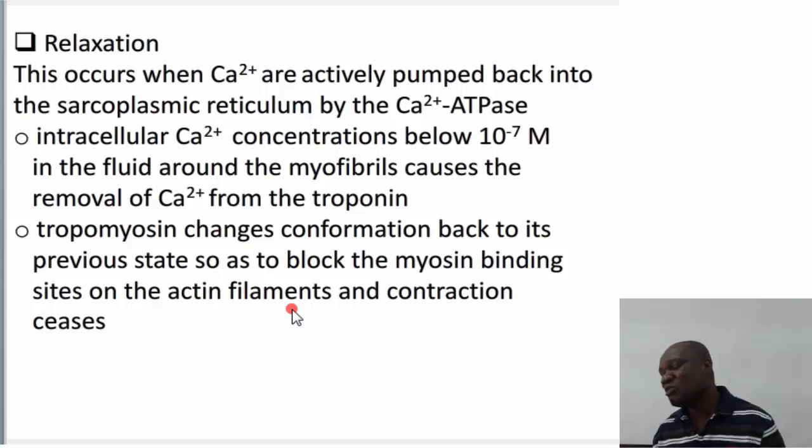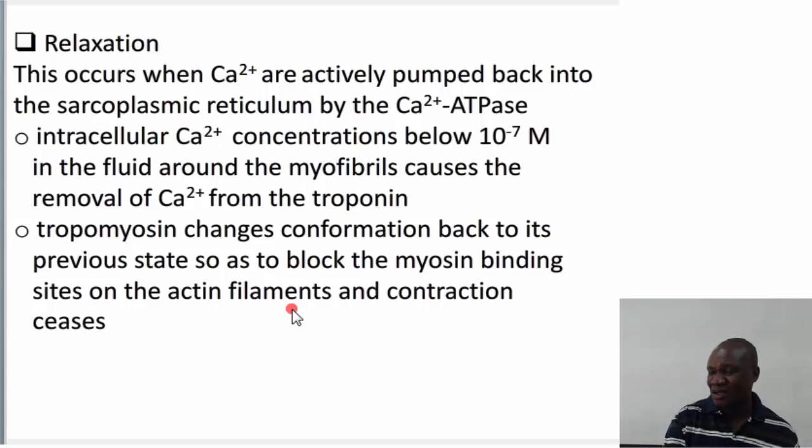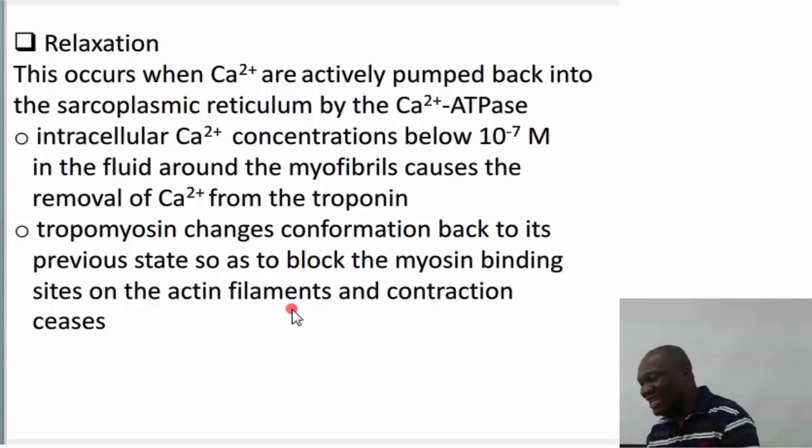Because the calcium concentration has declined, the tropomyosin molecule or complex would change back into its original conformation. When it changes back into the original conformation, the tropomyosin filament goes to lie back in its original position, thus covering the myosin binding site of the actin filament.